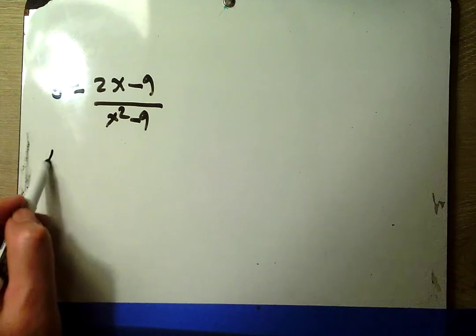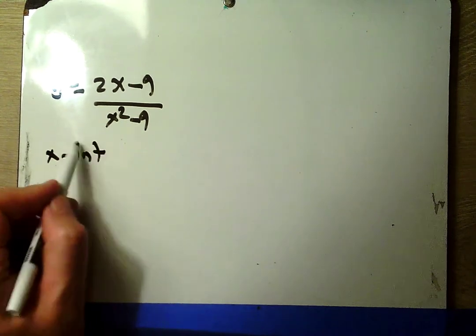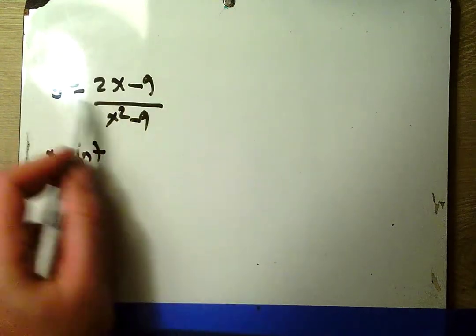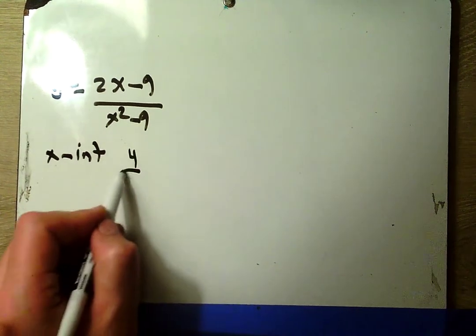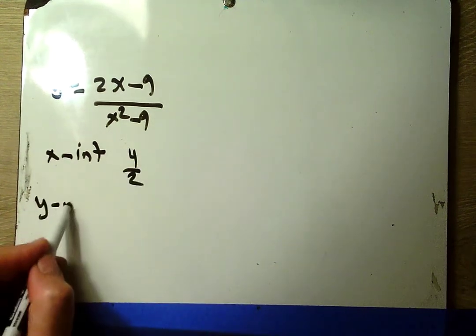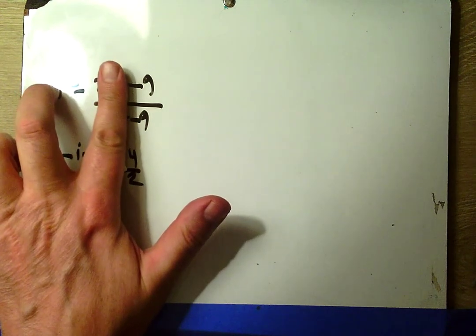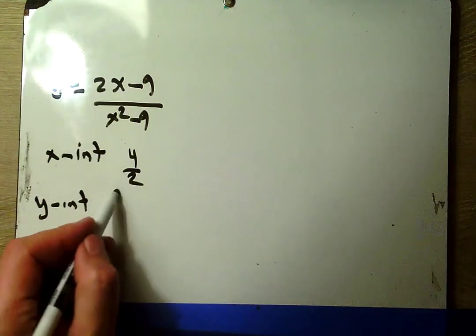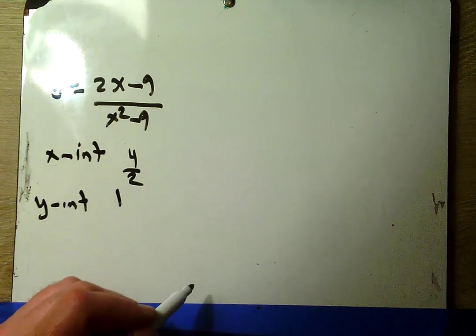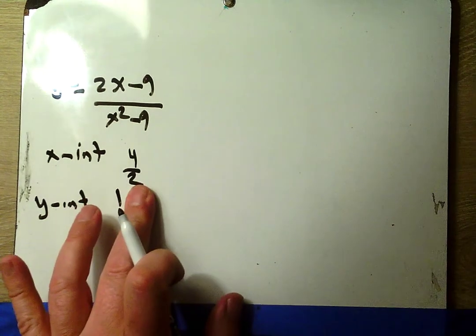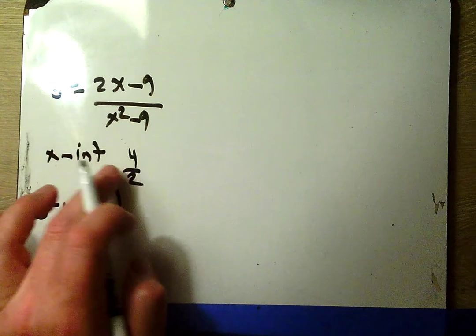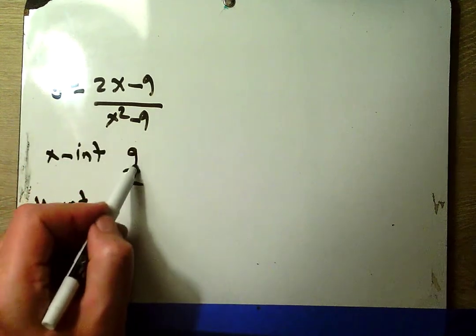Hey, welcome back, everyone. So my x-intercept, which comes from setting the top equal to 0, is 4 halves. And my y-intercept, which comes from setting x equal to 0, I get negative 9 over negative 9, which is positive 1. Why did I write that as a 2? Oh, that's a 9. 9 halves.